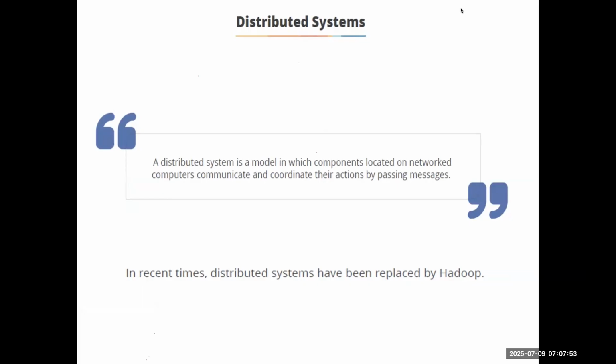But generally in production, we are working on distributed systems. You have multiple servers running, and there is coordination between those systems. We use those multiple servers to run one job, so we call that a distributed system.